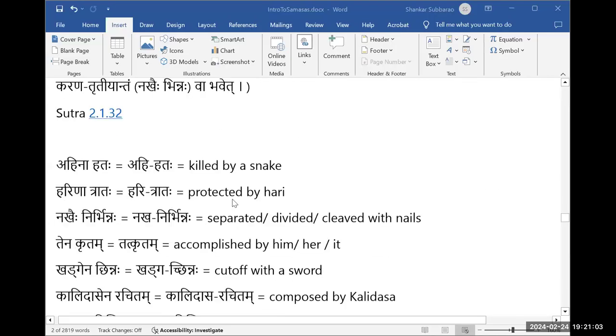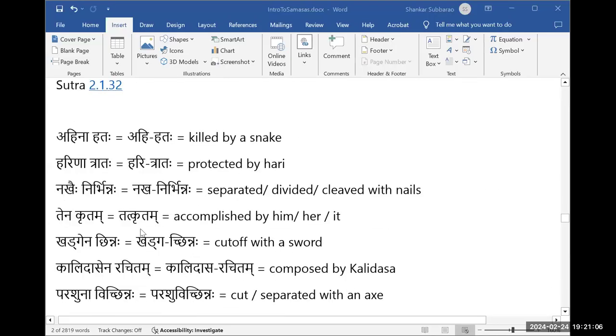Okay. So you can see, we saw all these now. Now is Tena Kritam. Is what? Tat Kritam. Now, one of the women tell me, suppose it is done by a woman, what will be the Vigraha Vakya? Tena Kritam. How will you change it? Taya Kritam.